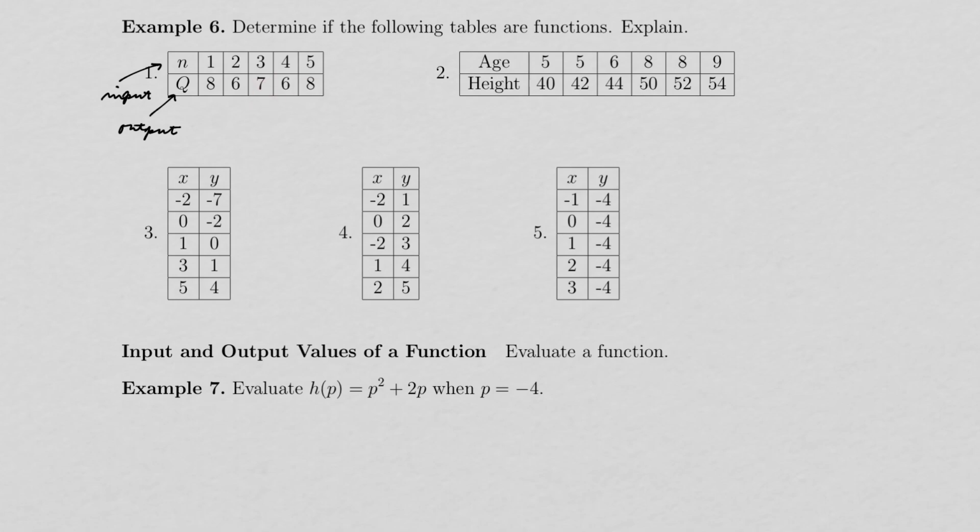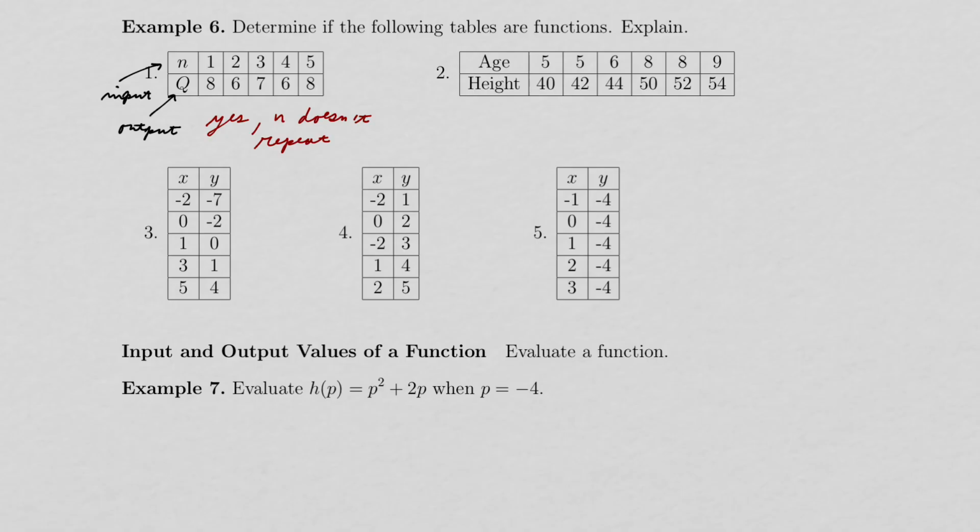So yes, this first one is a function. n doesn't repeat. And if it did repeat, it doesn't have the same output value, right? Because if you had exactly the same value for n and q, then that's okay. That would still be a function.